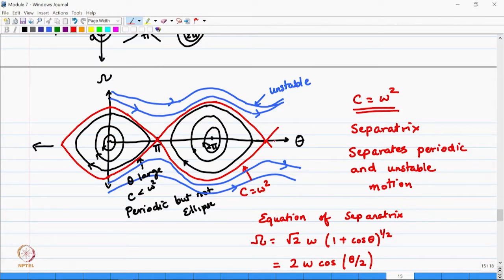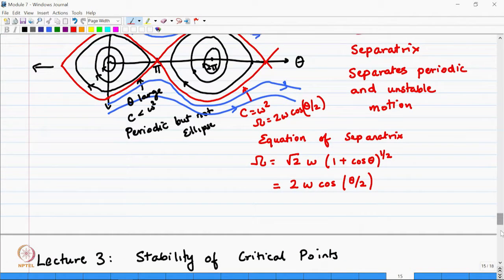In fact the period is 4 pi, not 2 pi, because you have theta by 2. So the equation of this separatrix is omega equal to 2 times this omega, which is a constant, times cos theta by 2. The amplitude right here is just 2 omega. We can actually find that equation.